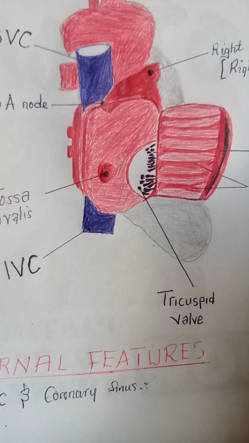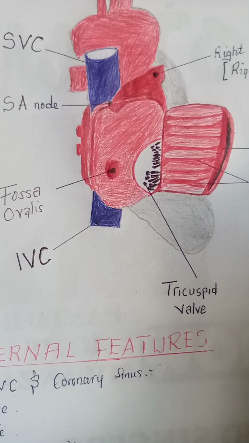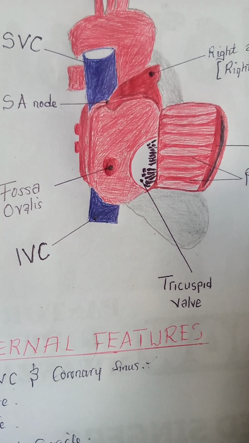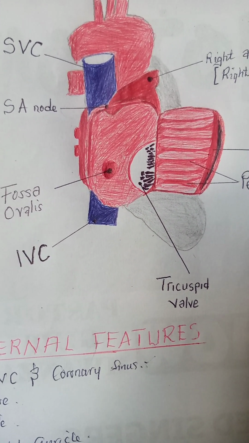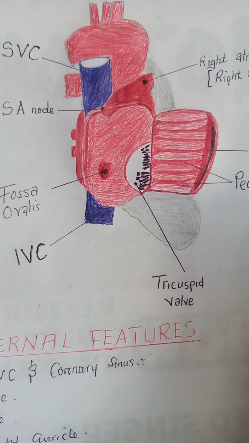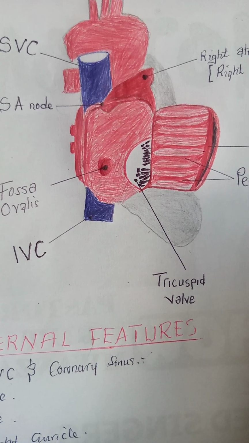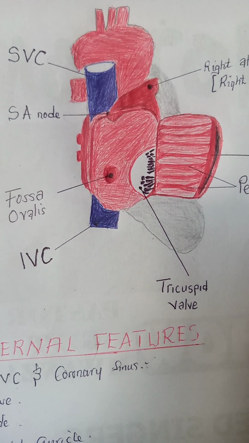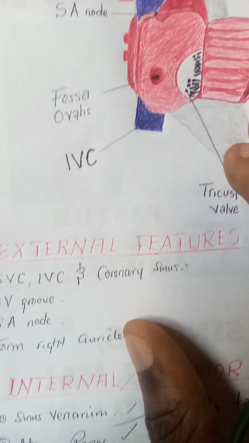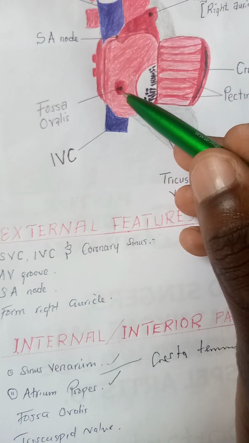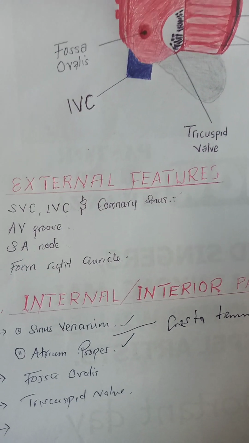This fossa ovalis is basically a remnant of the foramen ovale, and it can allow right to left shunt of the blood. So remember, fossa ovalis allows right to left shunt of blood. We can appreciate it on the interior aspect or the internal part of the right atrium.